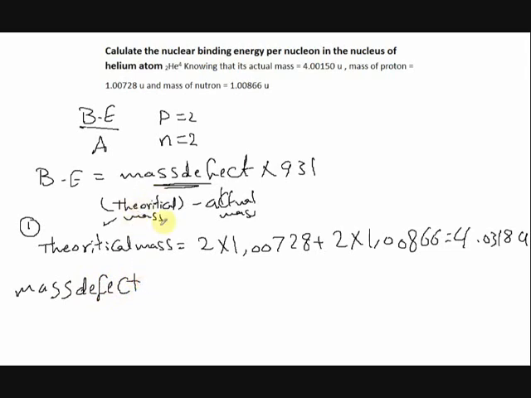The next step is to calculate the mass defect. The mass defect equals theoretical mass minus actual mass. The actual mass equals 4.003150. So mass defect equals 4.0318 minus the practical mass 4.00315.